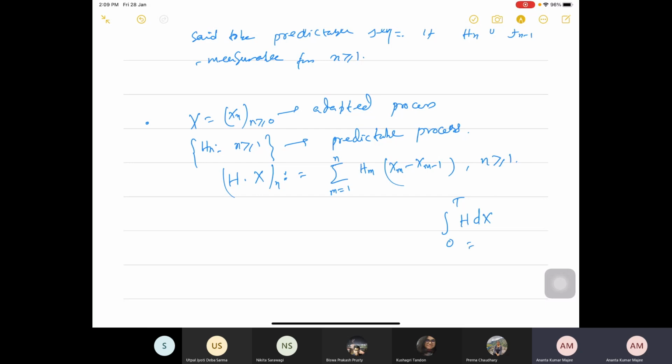But here, suppose I have a discretization from 0 to capital T, with m equal to 1 to n, then one element should be H of some tau i, times the difference dX of tau i, which is basically X of tau i plus 1 minus X of tau i, and then you consider the sum. So it is a similar kind of thing. Okay, so as n goes to infinity, it may converge there. But what I'm saying is that this is the discrete time version of my stochastic integral.